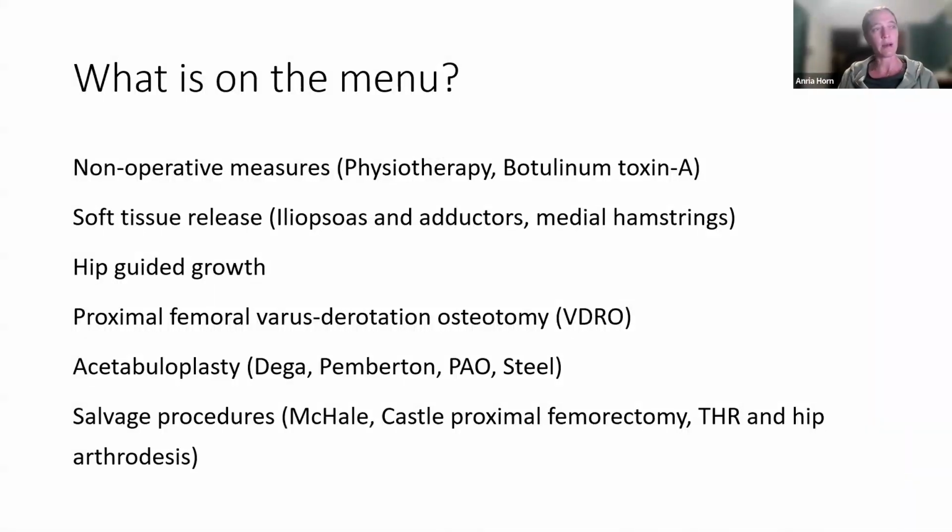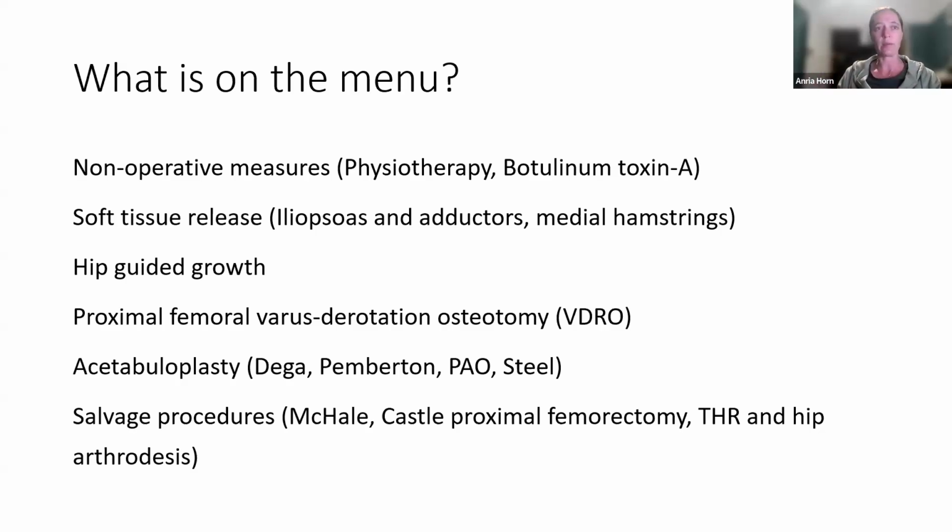So on the menu is our non-operative measures, so physiotherapy, Botox, etc. Then your soft tissue releases, and this is like a little package for hip dysplasia, which includes the adductor longus, partial brevis, and gracilis. You can do proximal or distal, the medial hamstrings, and the psoas at the lesser trochanter. So that's the package.